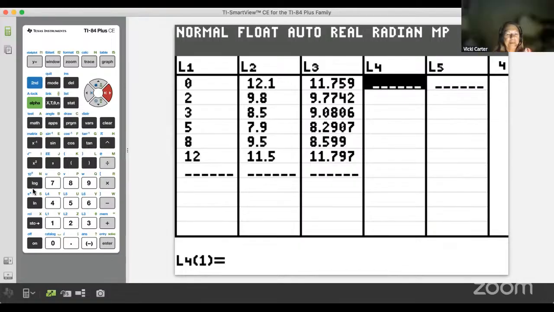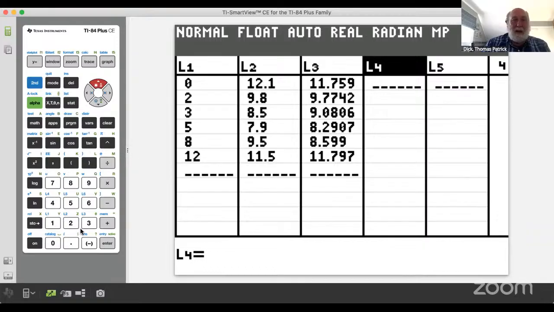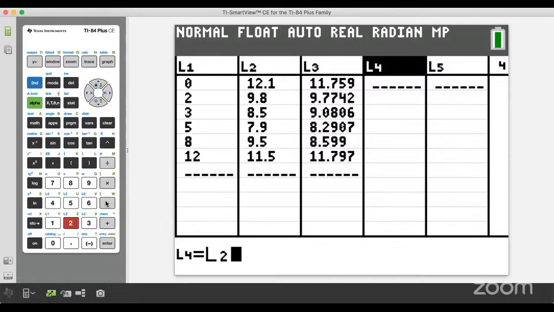Yes, L2 minus L3. Okay. So I'll just put L4 is equal to L2 minus L3.